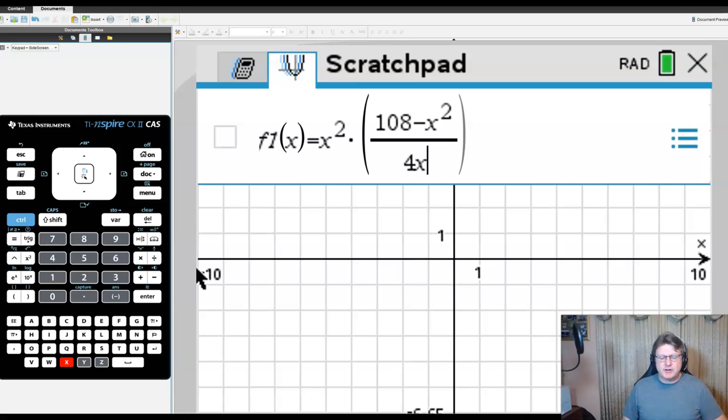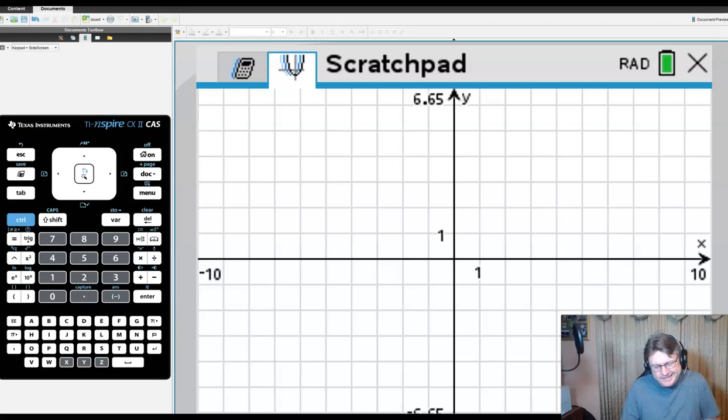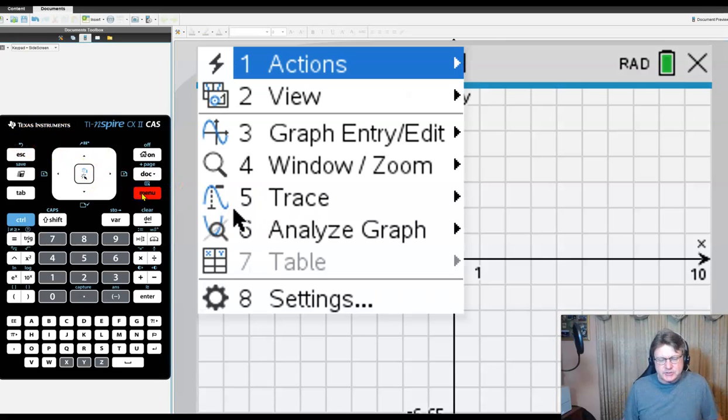Now, when I hit enter, I'm probably going to be a little disappointed here. Yeah, it seems like I'm a little disappointed because I don't see anything, right? Well, the reason I don't see anything is because we probably have to change our window just a little bit. If you recall, our final answer for this particular problem had dimensions of 6 by 6 by 3.